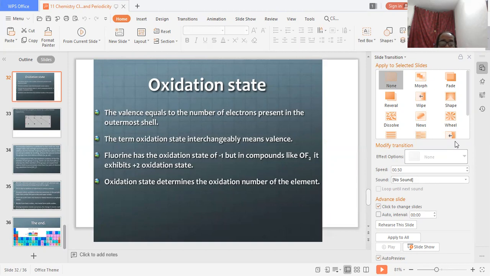So the oxidation state means the valence equal to the number of electrons present in the outermost shell, and the terms interchangeably mean valence. Fluorine has the oxidation state of -1, but in a compound like OF2 it exhibits a +2 oxidation state, and oxidation state determines the oxidation number of the elements.